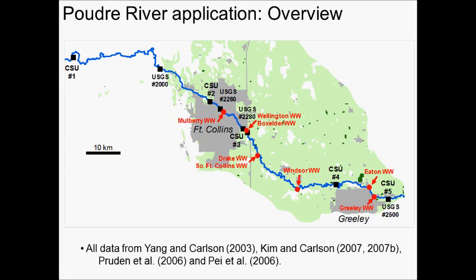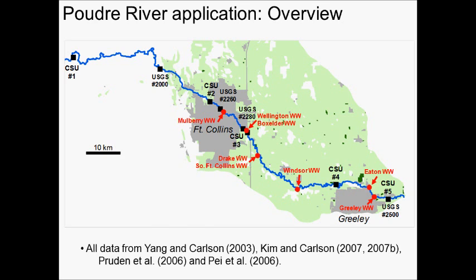It's an ideal test bed because it covers a pristine area in the upstream reaches, and then there are 2 urban centers and a relatively large agricultural area. So it's a relatively diverse setting, and so this is an ideal application for our model.